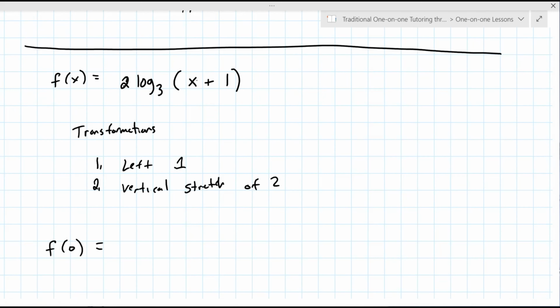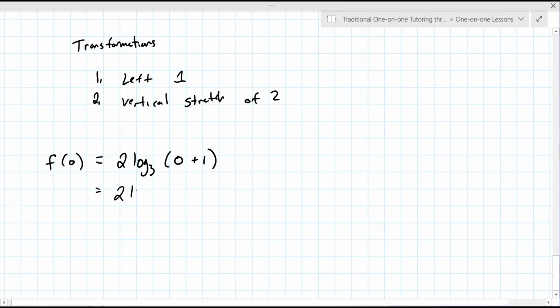All right, what did you come up with? I got 2 log base 3, and then for the final answer, I got 1. So the log of 1, it doesn't matter what number is here. It could be 2, 10, a billion, pi. Whenever there's a 1 there, this is always 0.